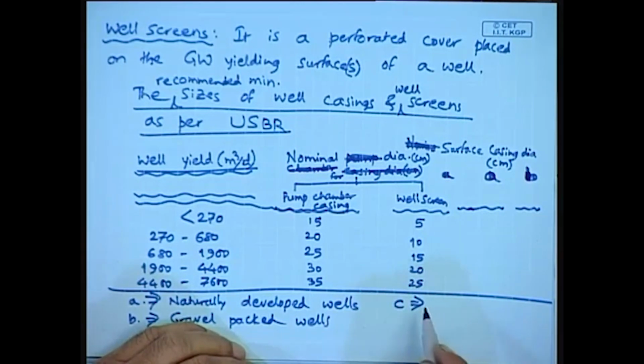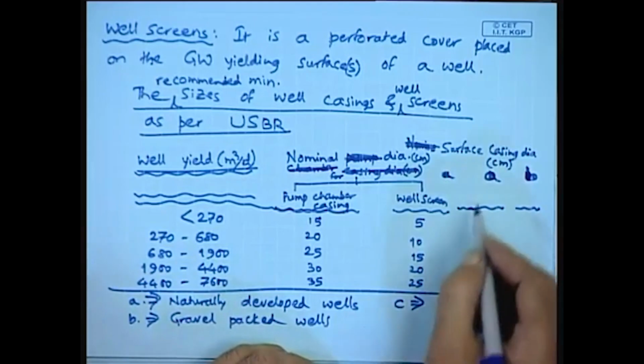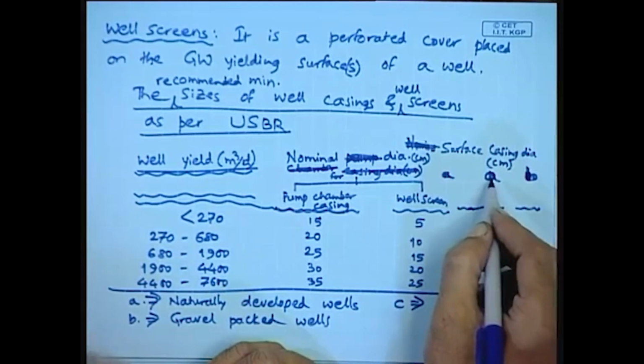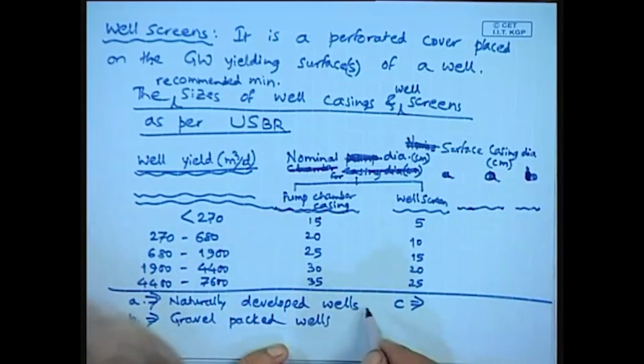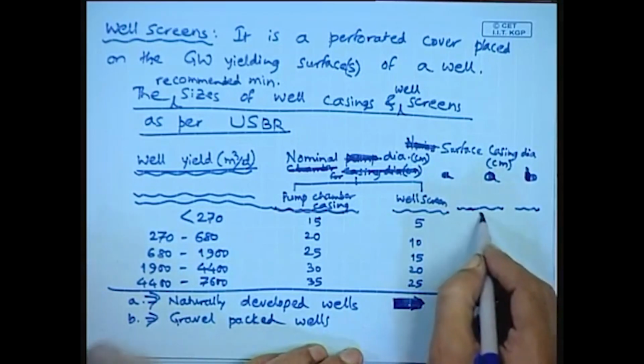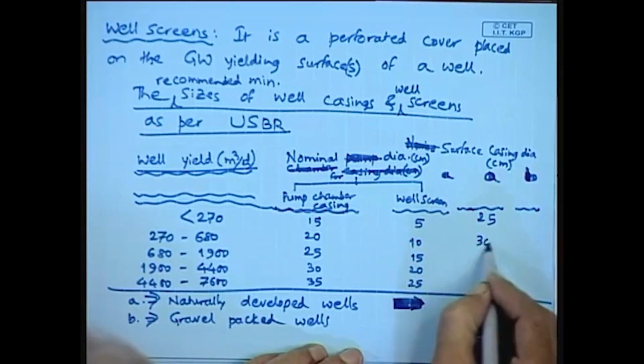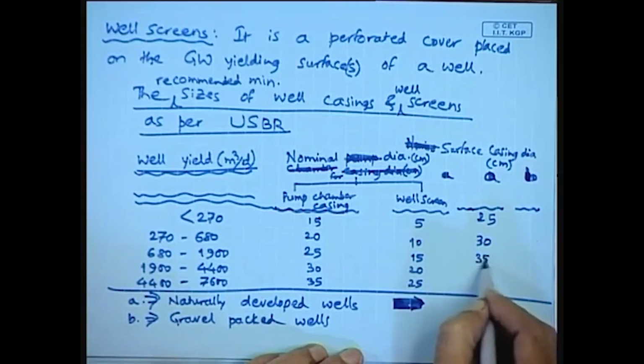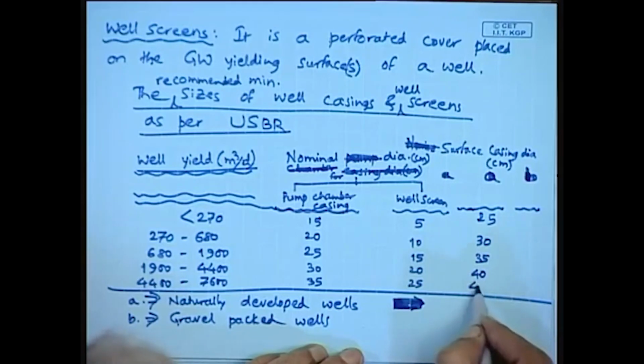And here the surface casing diameter, A for naturally developed wells, is 25, 30, 35, 40, 45.